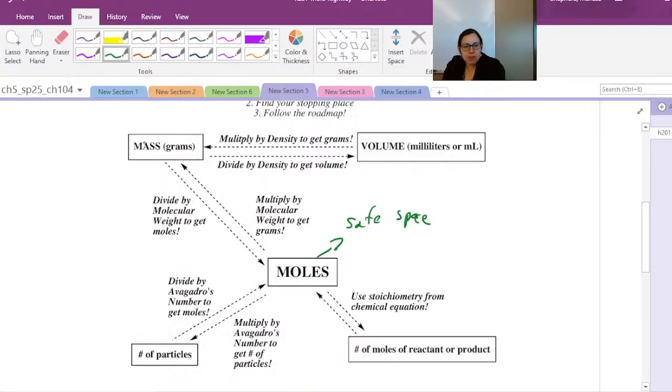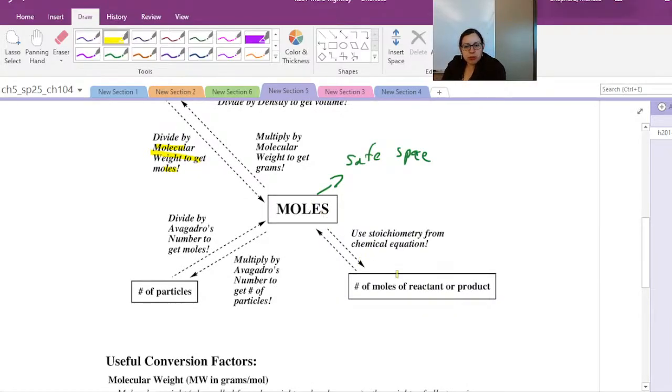If we're given mass, it reminds us to divide by the molecular weight to get moles. That's nice to double check your dimensional analysis. If you're trying to go from moles to grams, just a reminder, multiply by the molecular weight.